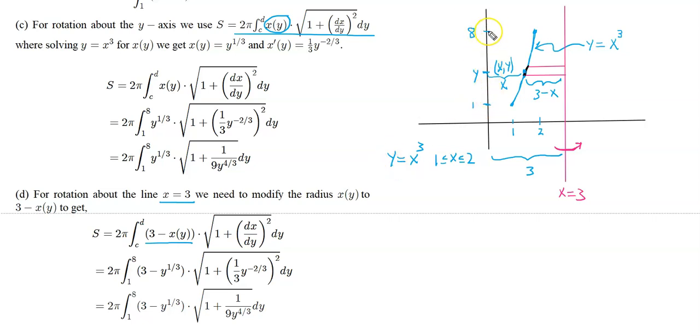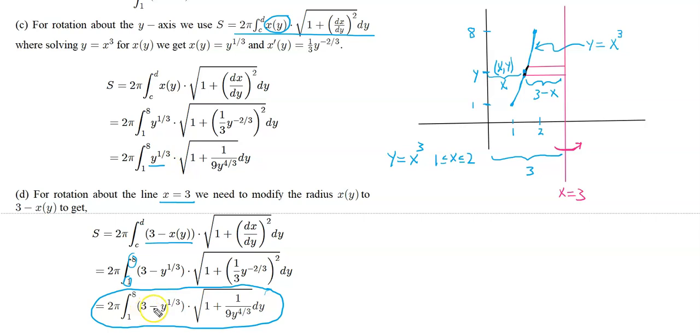So y goes from 1 to 8. And right here is our integral that we could evaluate. Notice that it's similar to the integral we had before for rotation around the y-axis, but we had to modify the radius term, y to the 1/3, to 3 minus y to the 1/3.